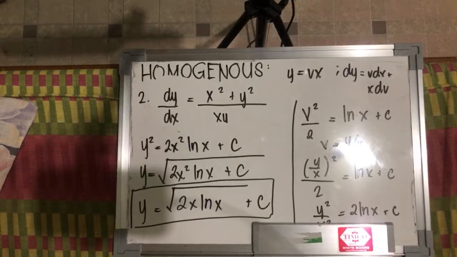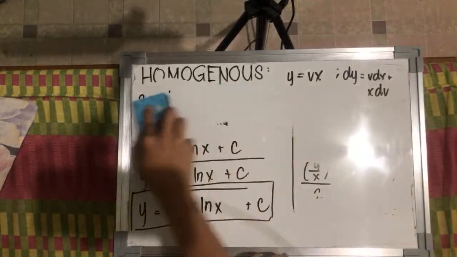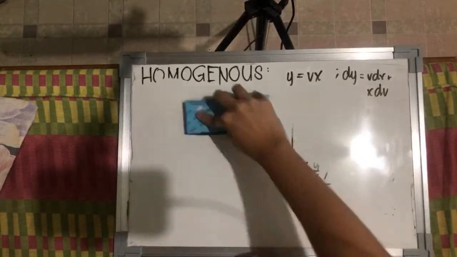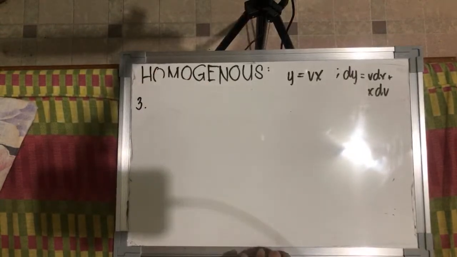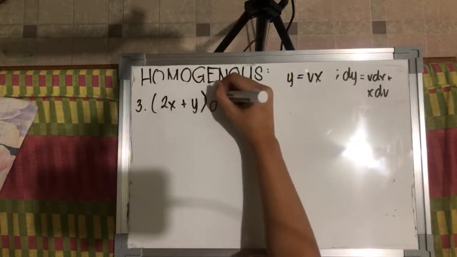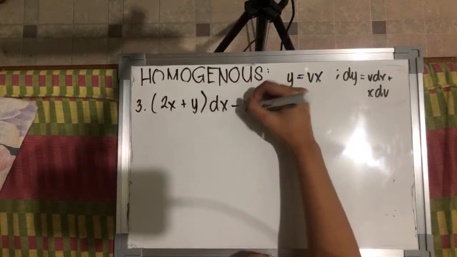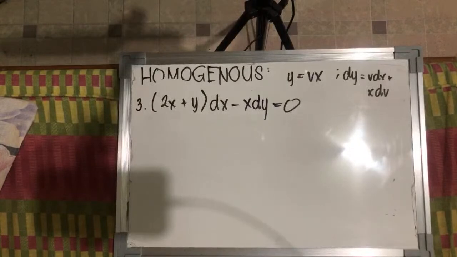So, next example. Number 3. 2x plus y dx minus x dy is equal to 0. Substitute na natin agad yung y.